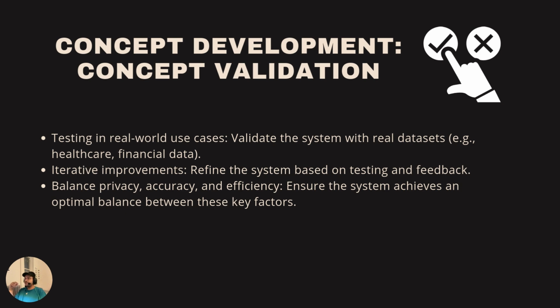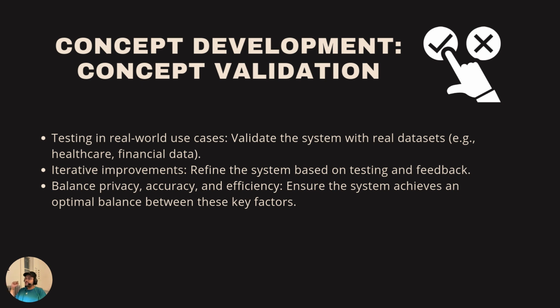As a part of this validation process, we follow an iterative improvement cycle based on the feedback from testing. We refine the system performance and privacy mechanisms, making adjustments as needed to address any shortcomings. Finally, one of the most important aspects of concept validation is ensuring that the system strikes the right balance between privacy, accuracy, and efficiency.